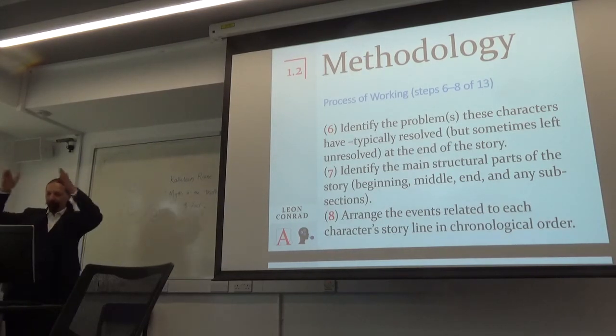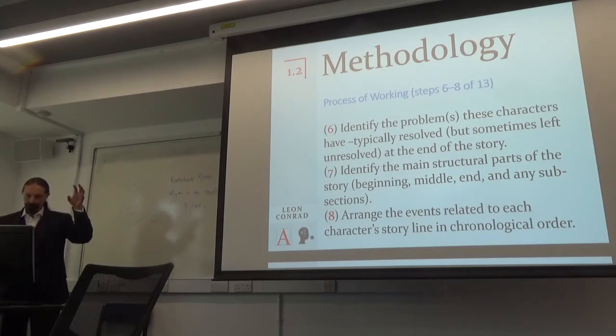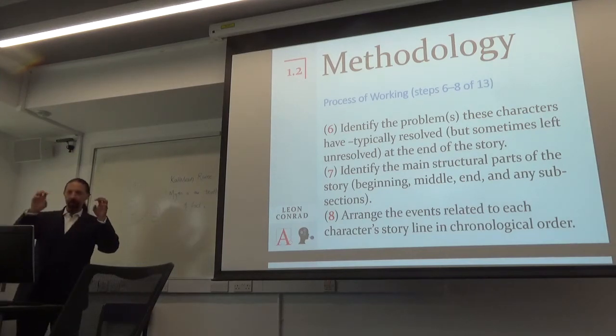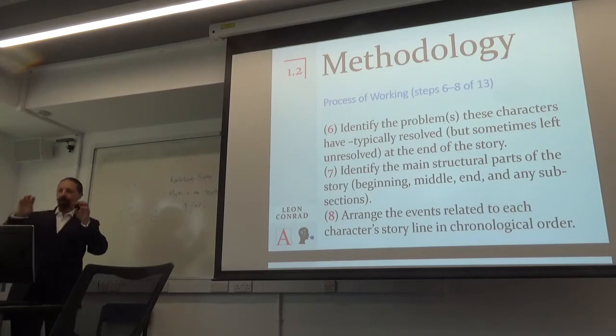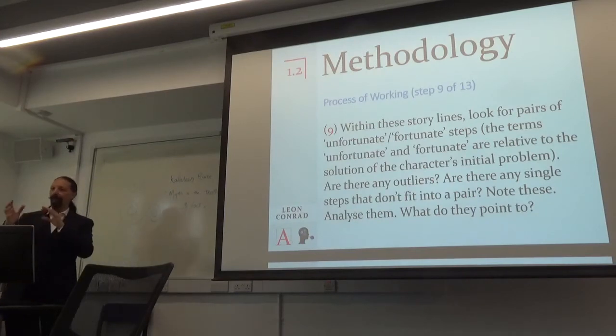There's a kind of framing thing. And what happens in the middle? What's the general structure? Then take each character and look at their storyline and the events in their storyline in chronological order. Then look for patterns.